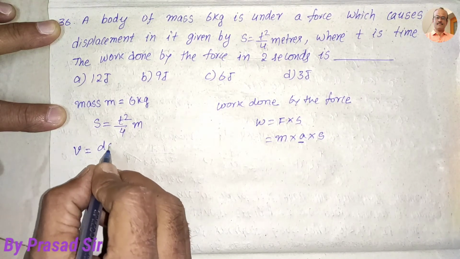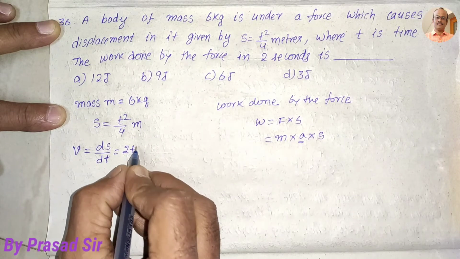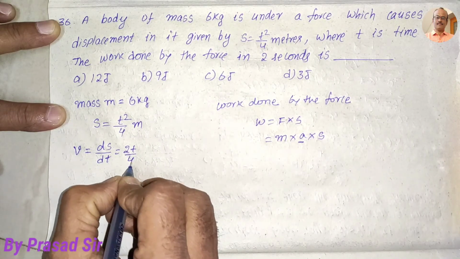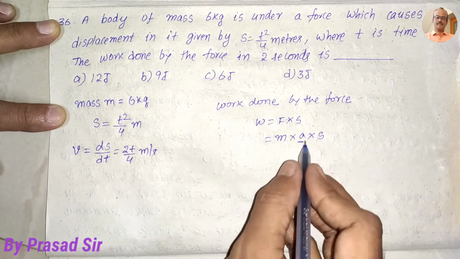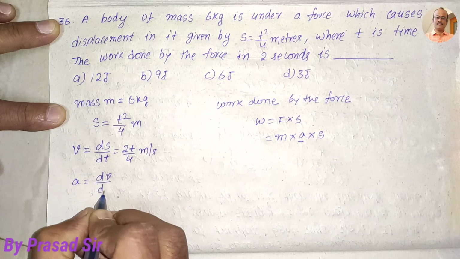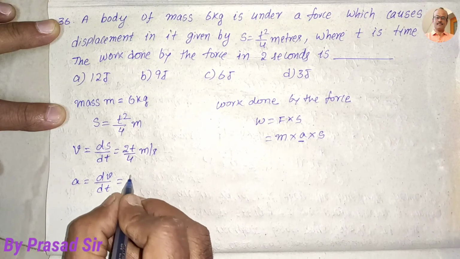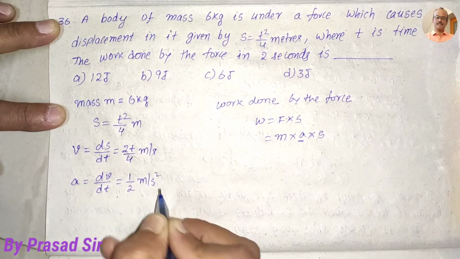Velocity is equal to ds by dt. Here ds by dt is nothing but 2t by 4 meters per second. But here acceleration is required. So a is equal to again dv by dt, that is nothing but 1 by 2 meters per second squared.